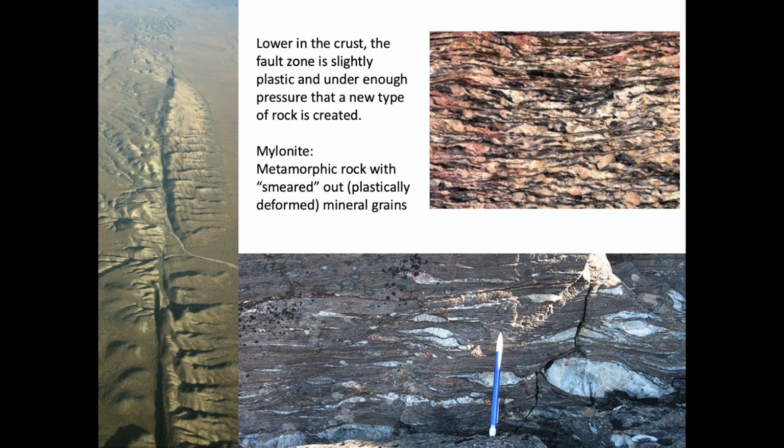This one down below shows these quartz clasts that have been smeared and stretched out and deformed by high-pressure motion along this fault zone. So instead of rock breaking in a fault, you get this zone of plastic deformation. This has to occur deep in the crust, so this rock has been uplifted a fair distance to be visible at the surface.